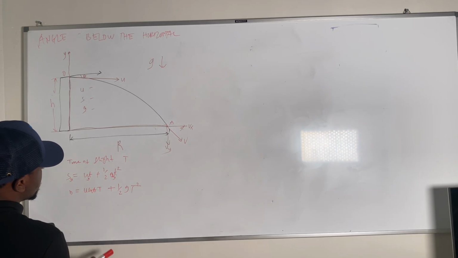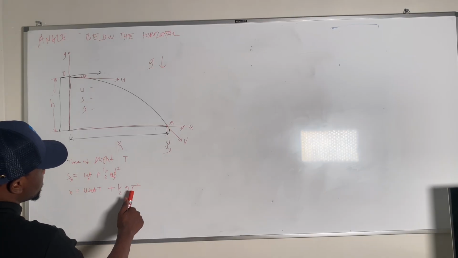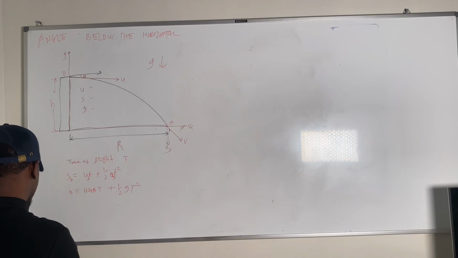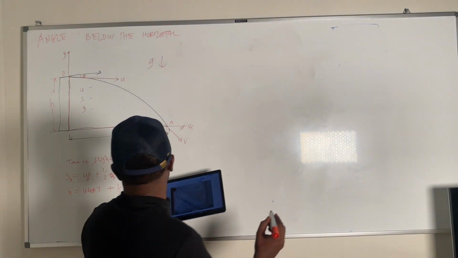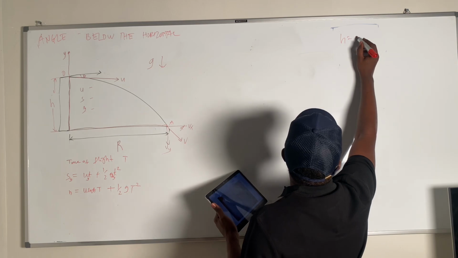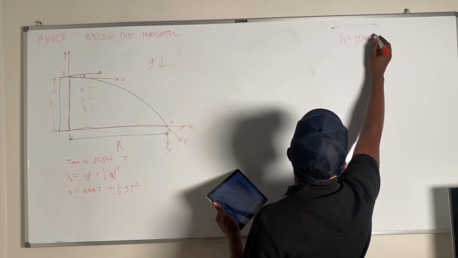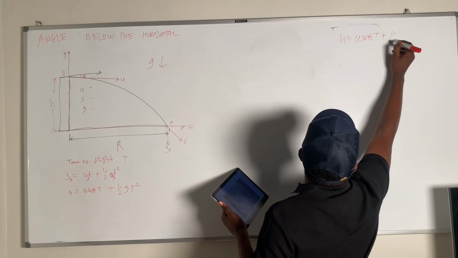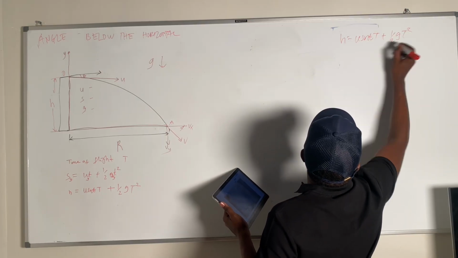Then from this expression we will be able to calculate t as from a quadratic expression. So we have h is equal to u sine theta times t plus half g t squared.